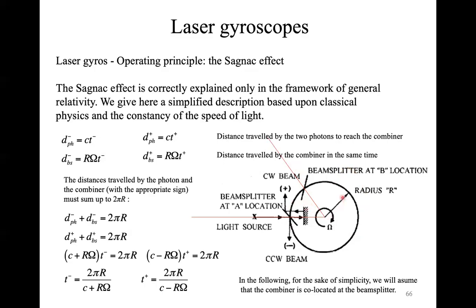As I said, you have this circular path here. Here you have a light source, let's say a laser source, that generates a signal that goes through the beam splitter that you have here. So this represents a beam splitter. How does the beam splitter work? You have a light that is generated by the light source.